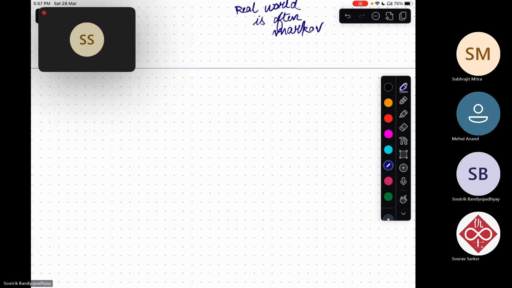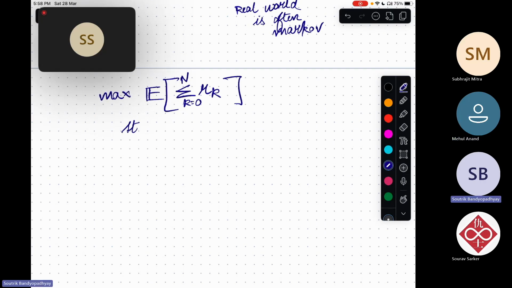Now, let's say we have the expected sum of rewards from k equals 0 to, let's say, capital N, and you are wanting to maximize this, subject to the dynamics that I mentioned: x_{k+1} equals some function of current state x_k, current action u_k, and the current disturbance.